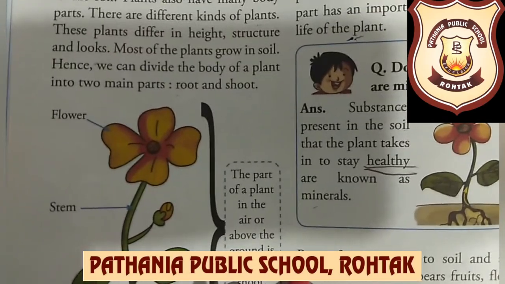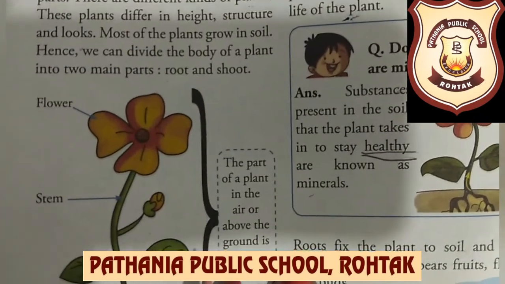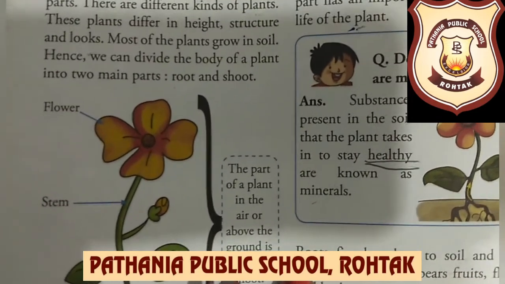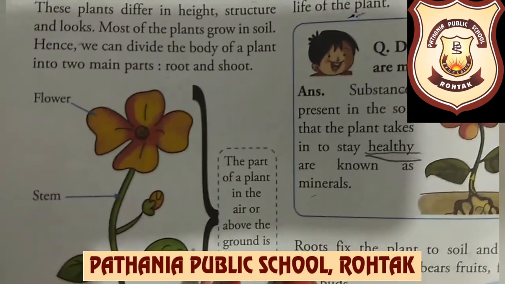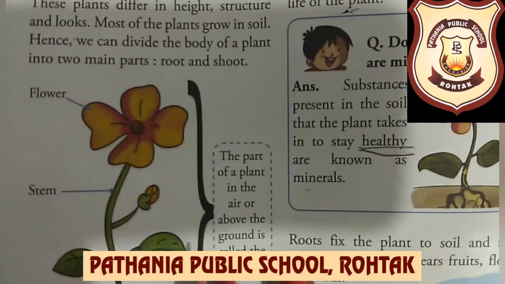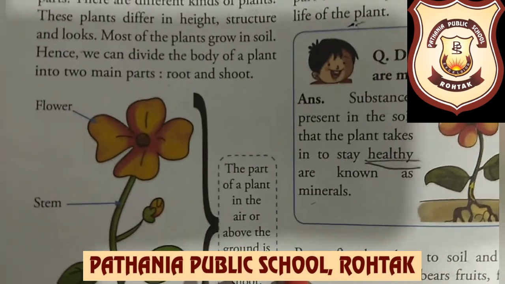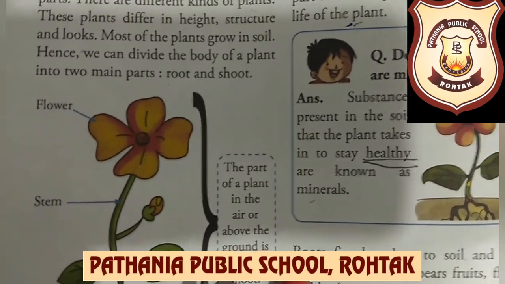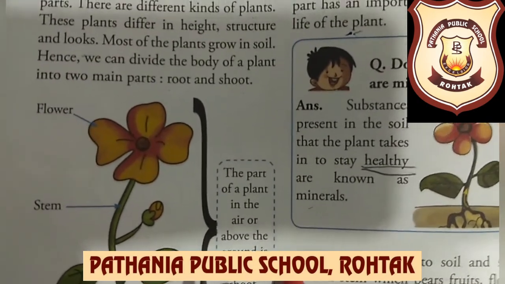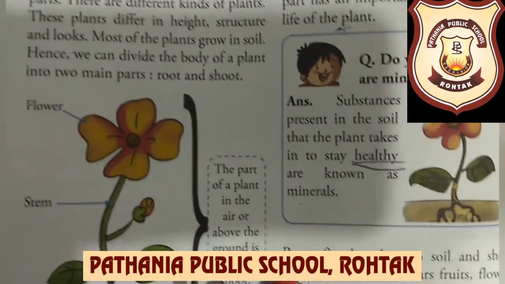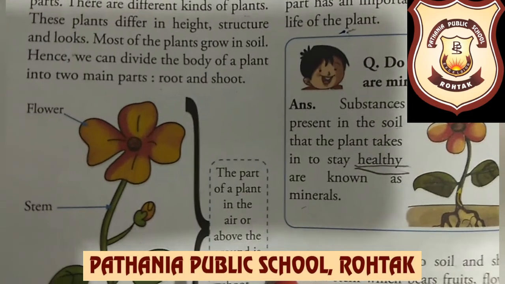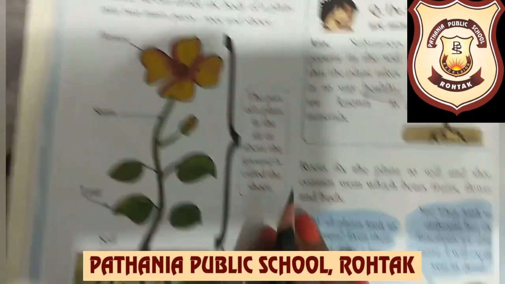We should not eat junk food. हमें healthy food खाना चाहिए. क्यों खाना चाहिए? क्योंकि healthy food से हमें proper nutrients मिलते हैं, हमारी health अच्छी रहती है. In the same manner, plants also require minerals to stay healthy. And from where do they get these minerals? Yes, they get these minerals from the soil only.